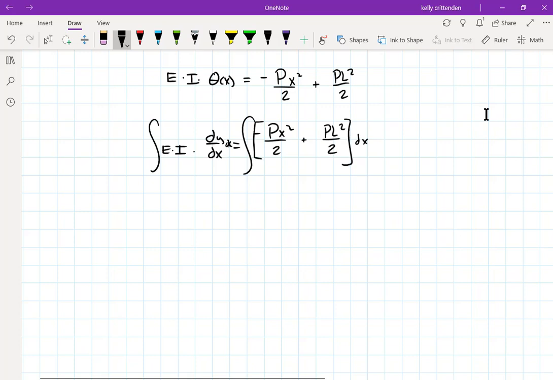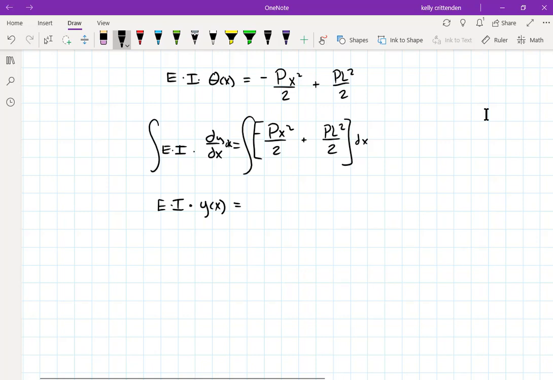Now I still have E and I as constants. I'm keeping them over there just so they're not messing with the more difficult thing to integrate, although in this case it's not particularly hard to integrate. And then there's y of x. So that's my equation of the elastic curve.